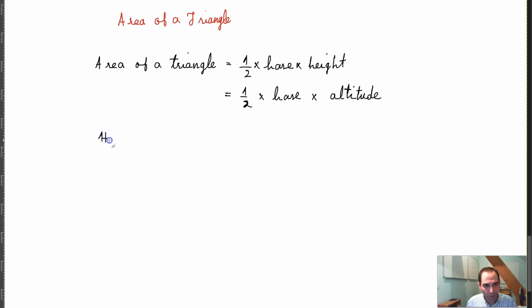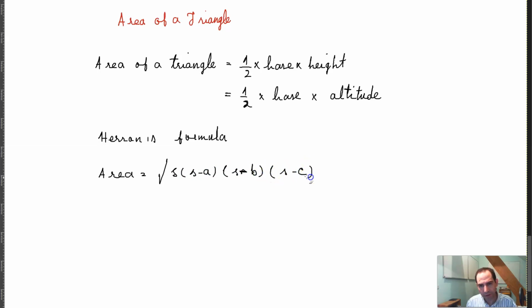Heron's formula gives you basically the area of a triangle based on the side lengths, meaning that the area of the triangle is equal to the square root of s times s minus a times s minus b times s minus c, and s is equal to the semi-perimeter of the triangle, if I'm not mistaken.